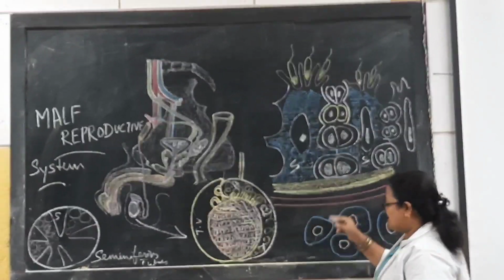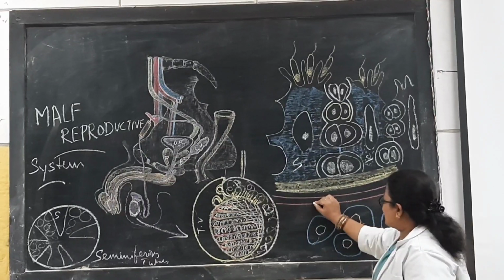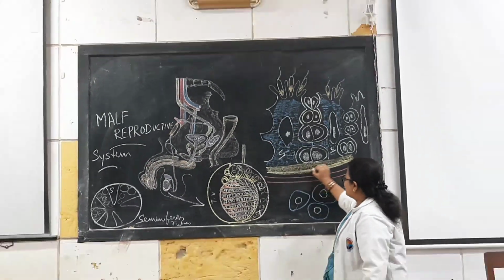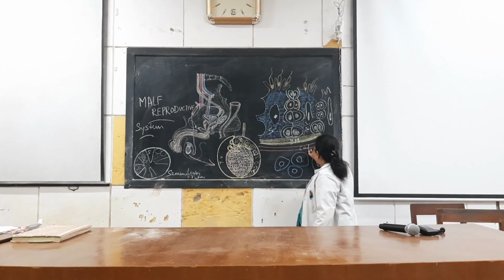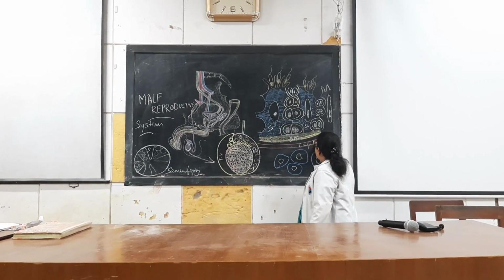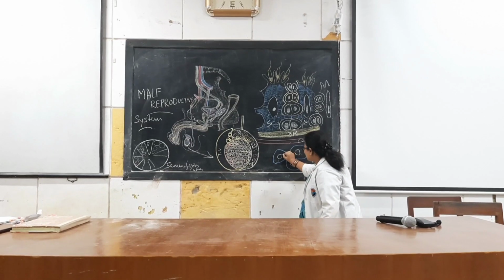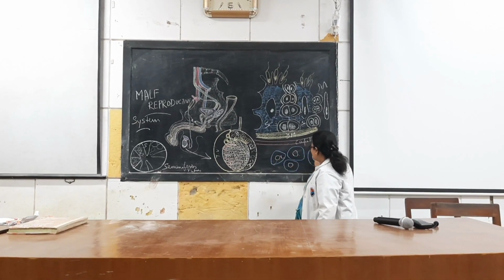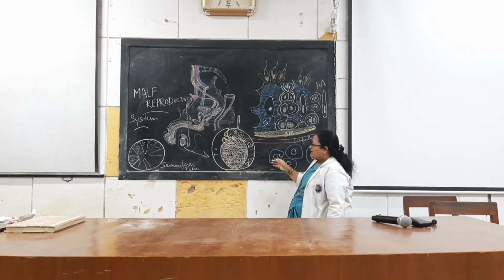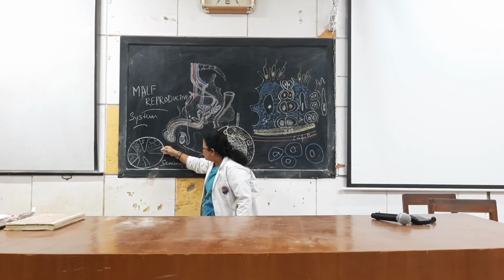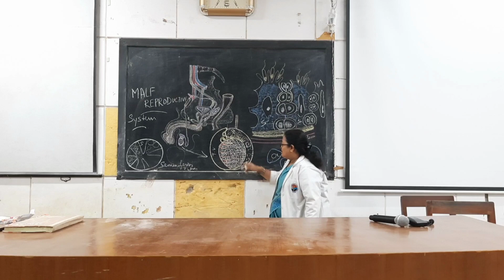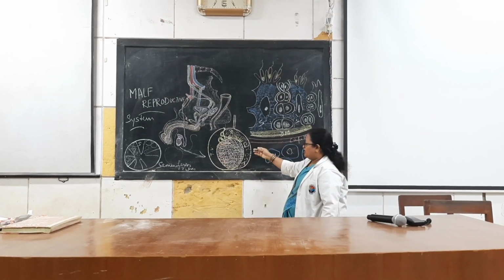This is the blood vessel, fenestrated capillaries. This is the basement membrane. This is the fenestrated capillary, and these are the Leydig cells, the interstitial cells of Leydig, which lie outside the seminiferous tubules. They form the main component of the lobules.